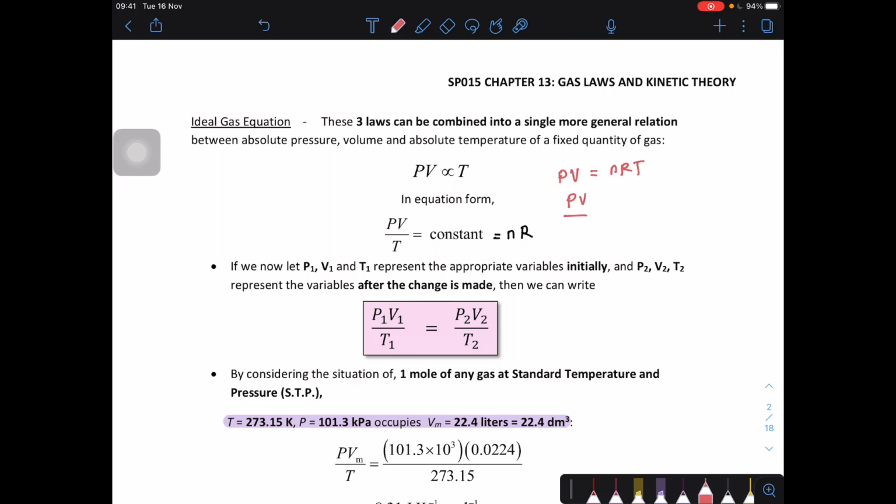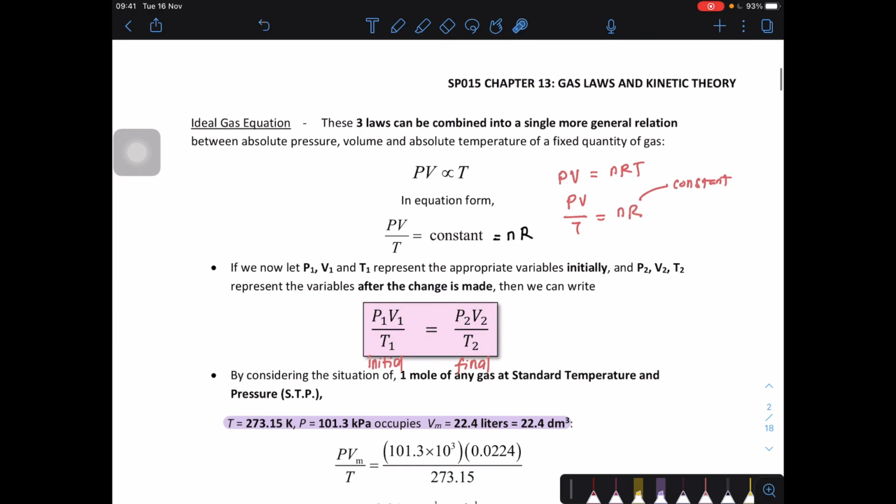So PV over T is equal to nR, di mana nR ni adalah constant. This one is constant. So if we want to compare from initial to final situation, kita akan dapat P1V1 over T1 is equal to P2V2 over T2, di mana ni adalah initial dan ni adalah final.